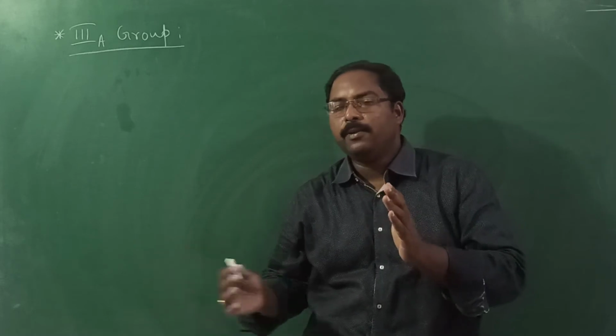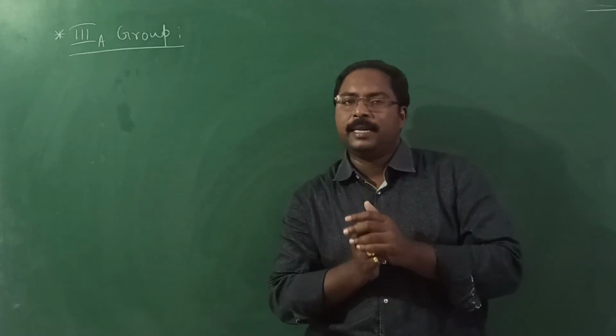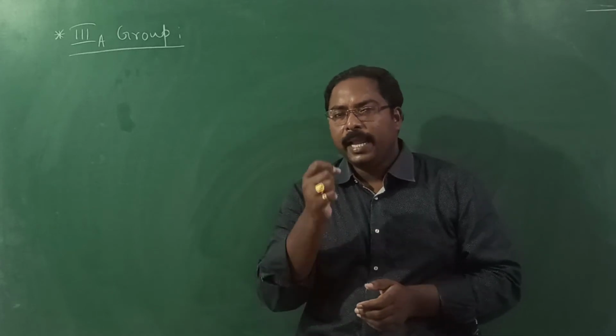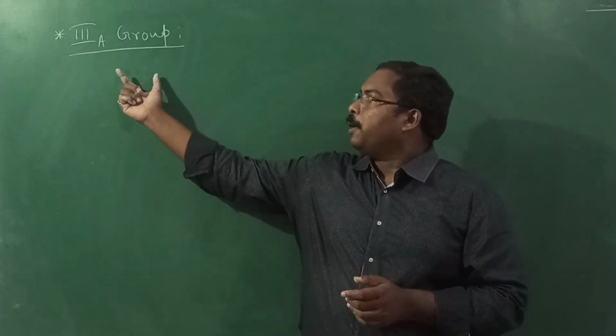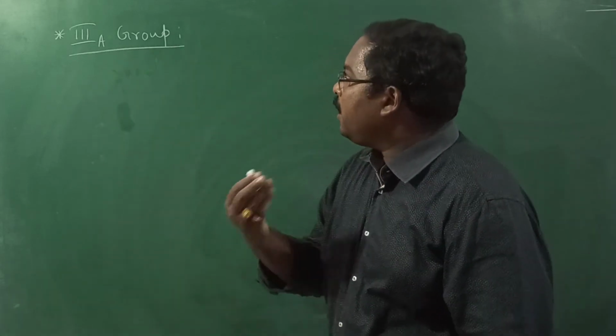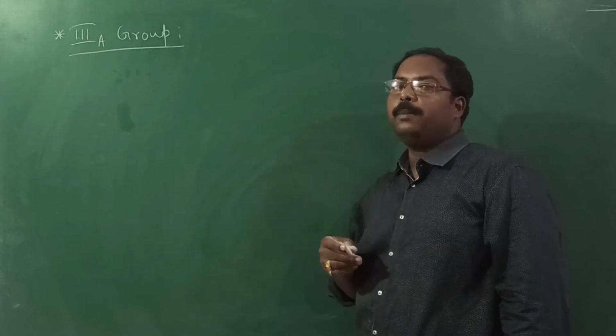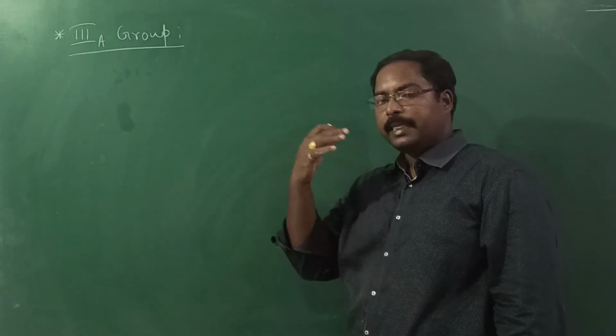The middle 10 groups are generally transition and inner transition elements. All the 18 is not necessary. In detail, in D block and F block elements lessons in the second year, at that time we will discuss.